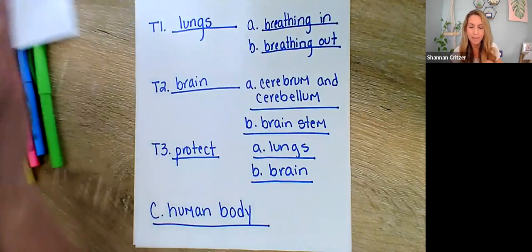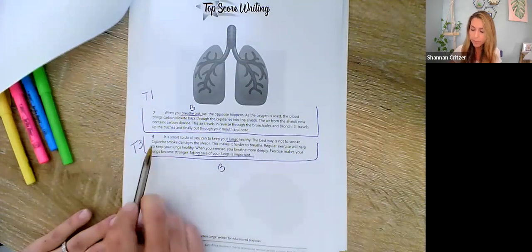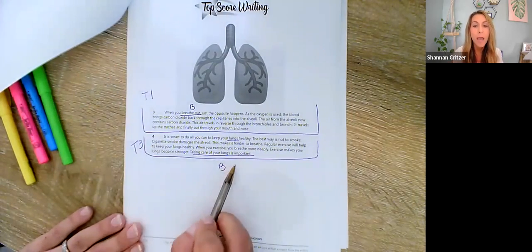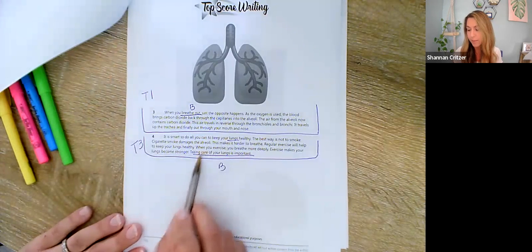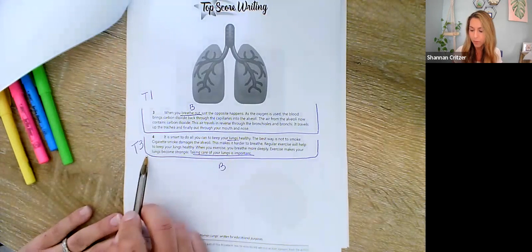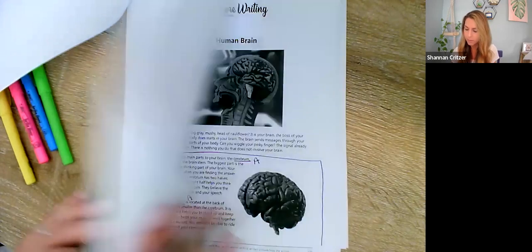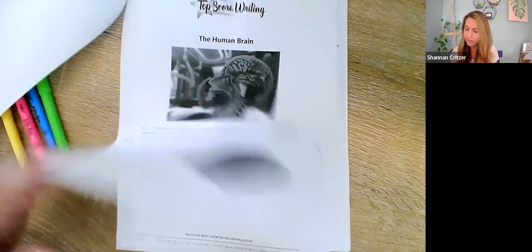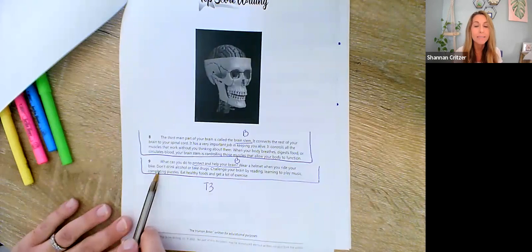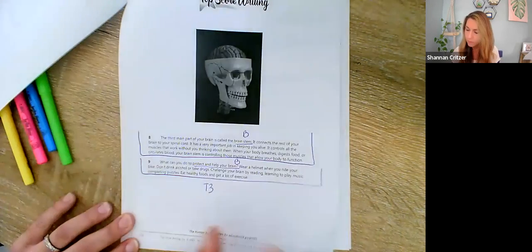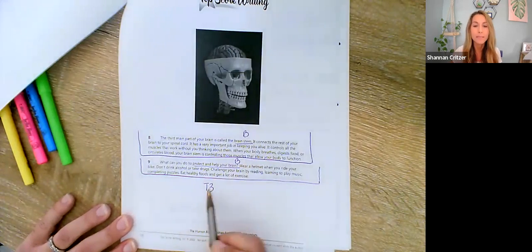So in the text set, we identified paragraph 4 as having a lot of information about protecting the lungs, which is your B subtopic. So we labeled that paragraph T3, B. And then you identified paragraph number 9 as having a lot of information about protecting the brain. Oh, excuse me. So this was labeled T3B.